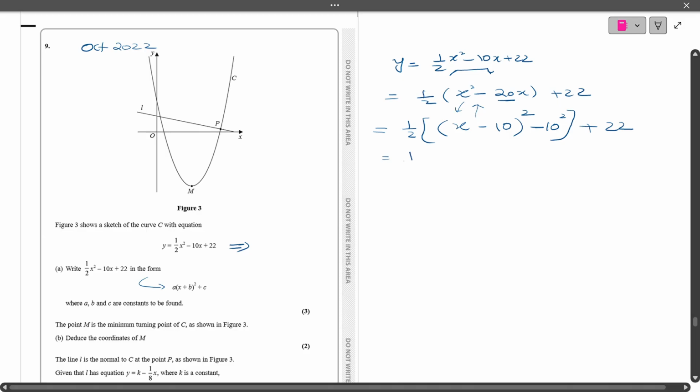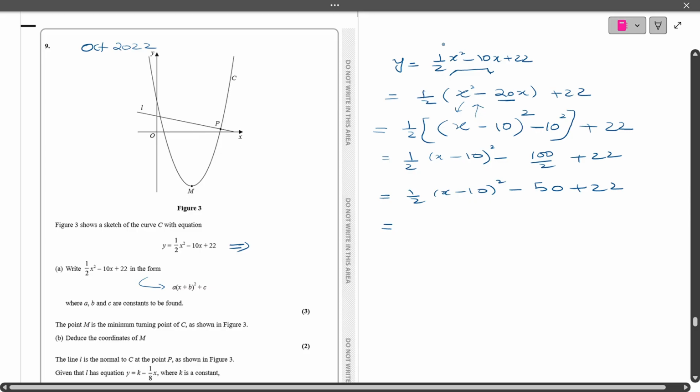Alright, now it's time to expand the bracket. So 1 over 2 into x minus 10 whole squared. Negative 10 squared is 100, and 100 divided by 2 is 50. So this is x minus 10 whole squared, and this is minus 50 plus 22. So negative 50 plus 22, copy it down, is negative 28.